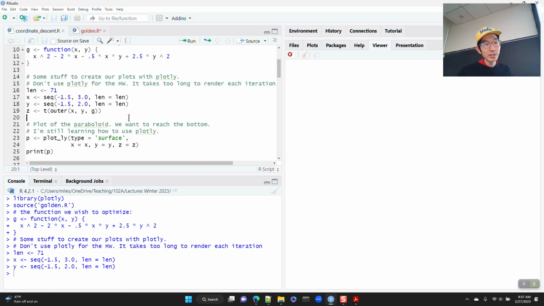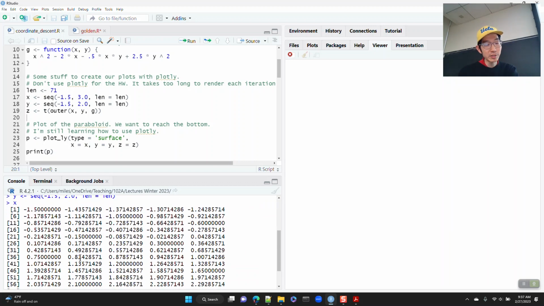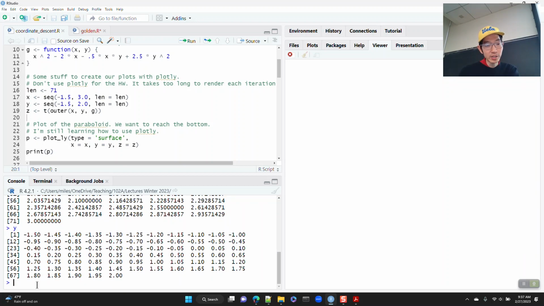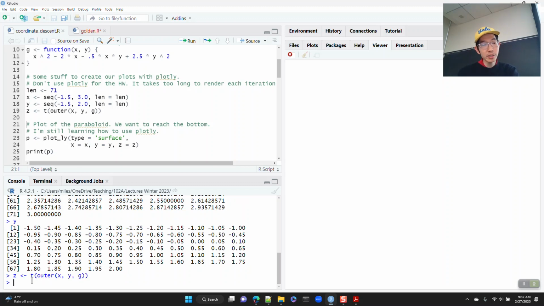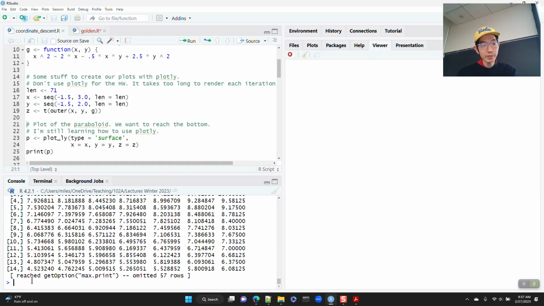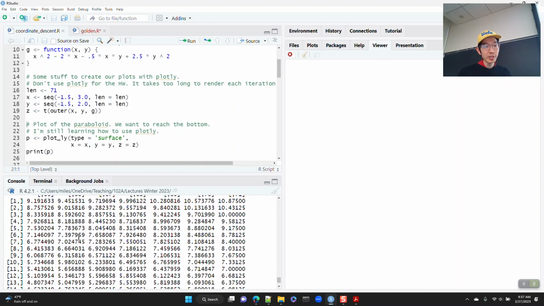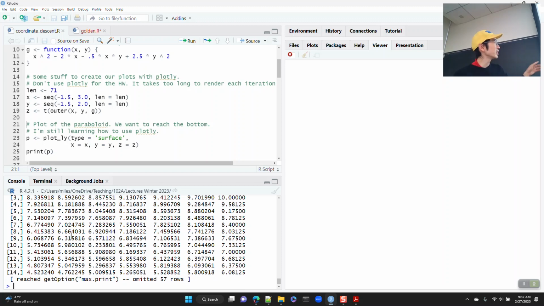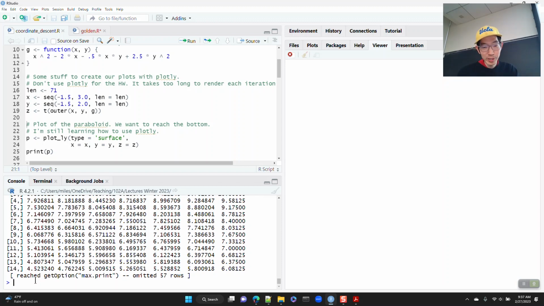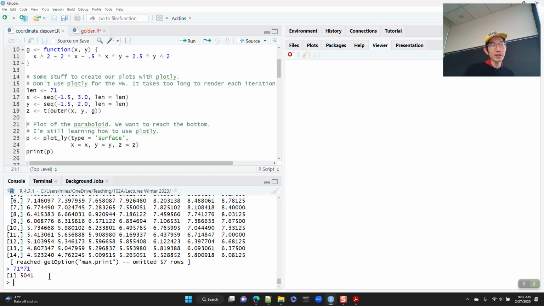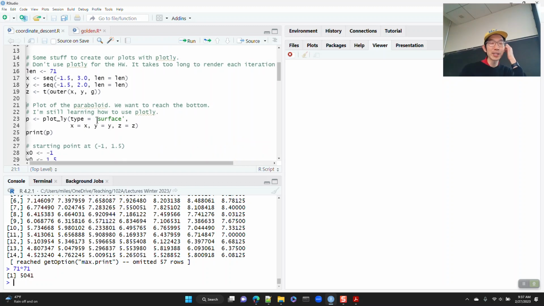So I said sequence going from x from negative 1.5 to 3.0, so x goes through all of these locations, and y is all of these locations. If I do outer x, y, and g, it creates a 71 by 71 matrix, and it calculates the value of the function at 71 times 71, 5,041 points. So I'm doing almost like a miniature grid search, just so I can plot it and you can see.